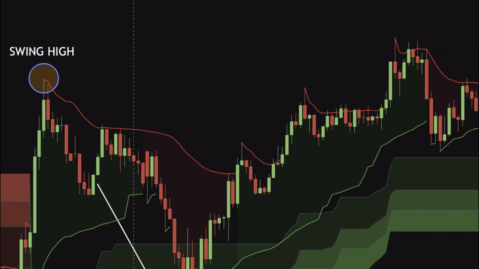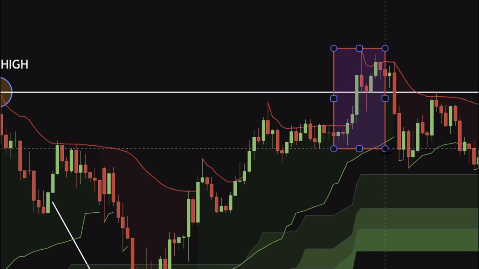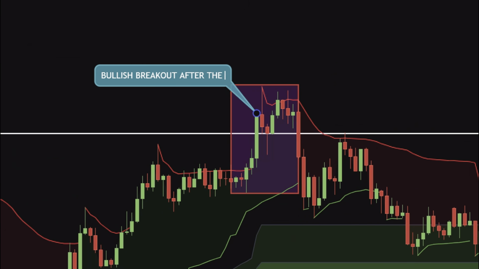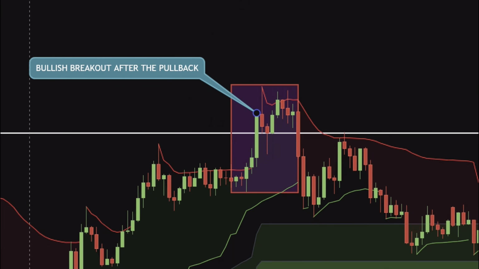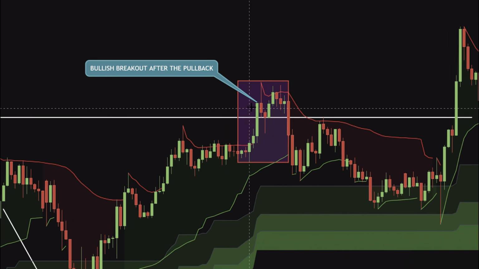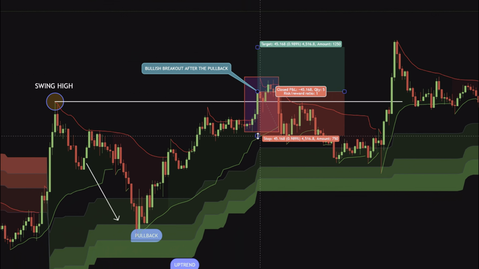Draw your resistance line and wait for a breakout above it. That's your buy trigger. A stop loss goes below the SwingArm band or recent swing low. Same risk to reward ratio and same discipline. The logic doesn't change, it just mirrors.